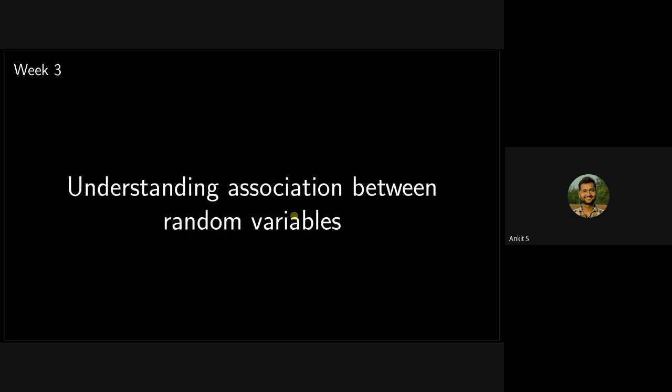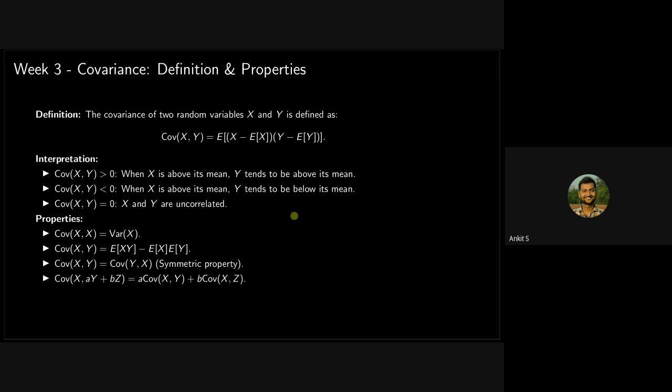Now we need to understand association between two random variables. I think you have studied this concept already in Stats 1, but not in terms of random variables. We study the association between two random variables through covariance.